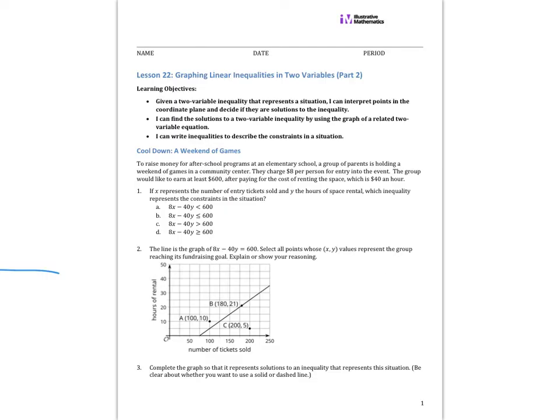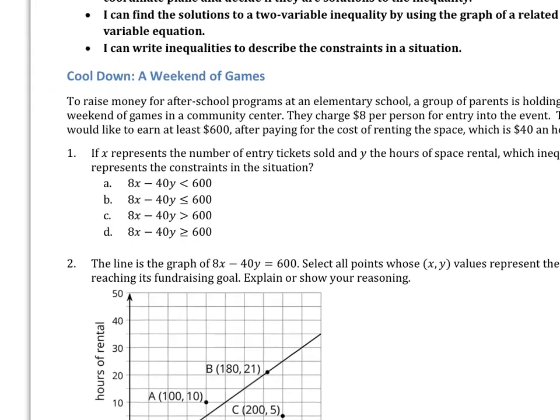So if we think about this situation, the first thing we have to think about is how much money they're charging per person and how much money they are being charged per hour to rent the gym or the community center.